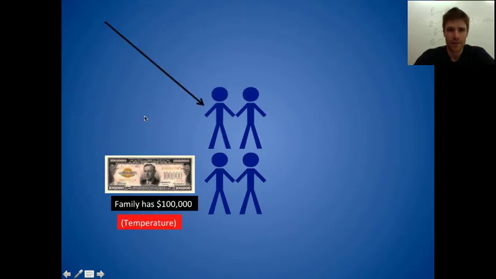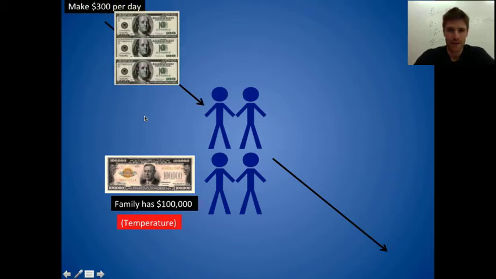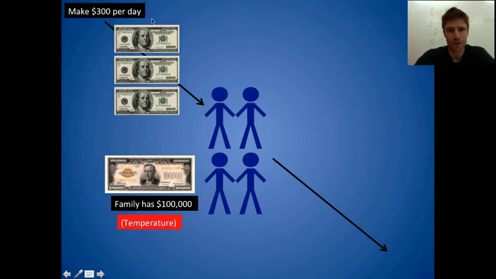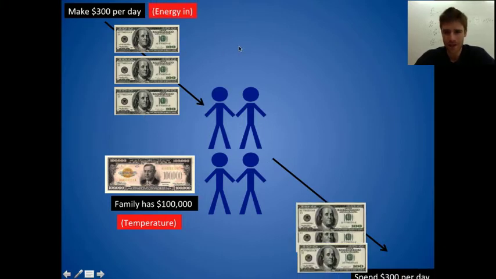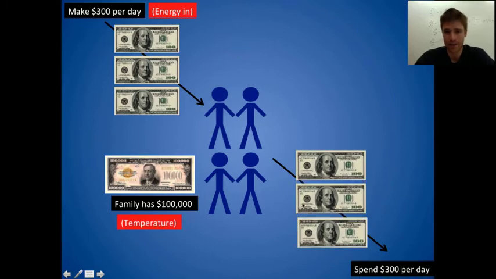Let's say that our family has some income and some spending. They make $300 a day, so they have $300 coming in. This is like the energy in term in the energy budget. And let's say that they are spending $300 a day. This is like the energy out term in our energy budget or energy balance.